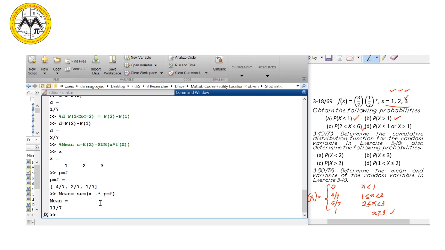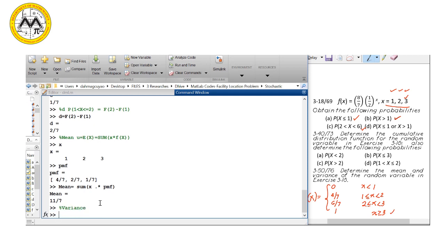While for the variance, the variance is equal to the sum of x minus 11 over 7 squared and then times the PMF.